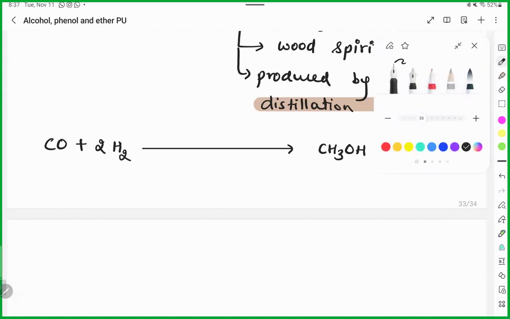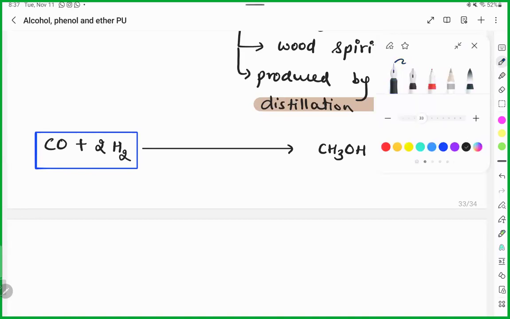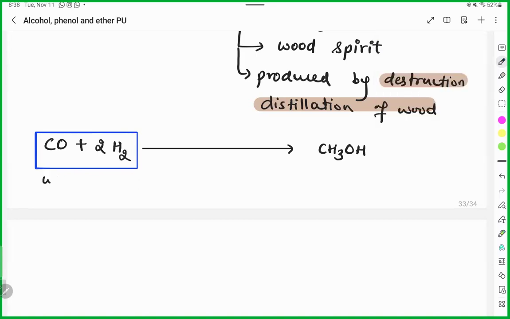The question is, what are the reactants to produce this? What is the name of carbon monoxide and 2H2? Water gas, or synthesis gas. Very good.